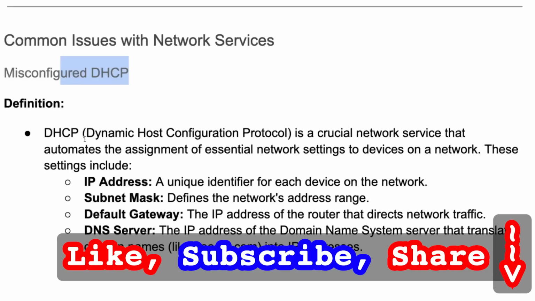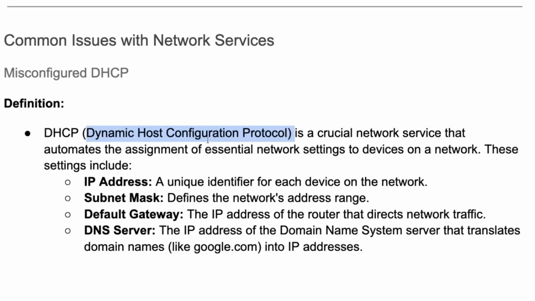As the definition, Dynamic Host Configuration Protocol, also known as DHCP, is a network service that automates the assignment of essential network settings to devices on a network, and that could be things like the IP address that's assigned to a new device that comes in, the subnet mask for these groups of devices, the default gateway, so the IP address of the router that directs network traffic, and then the DNS server, which is the IP address of the Domain Name System server that translates domain names like Google into the IP address for Google.